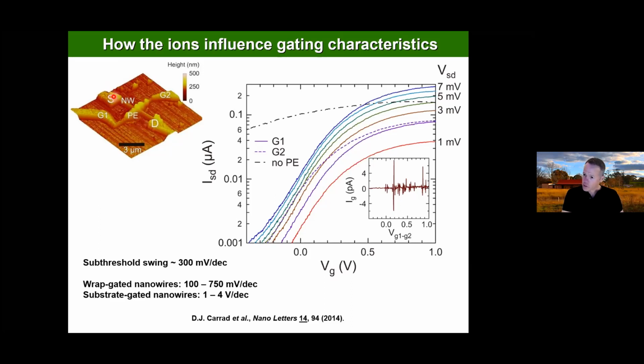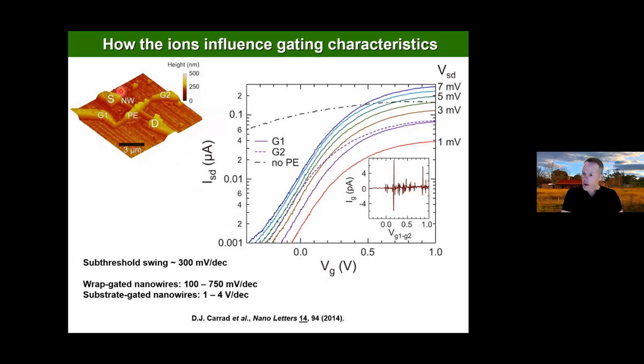And so source contact, which is metal, drain contact, which is metal, semiconductor nanowire running through here. And rather than having one very large blob of polymer electrolyte on this material, we have a strip that's on the order of a few hundred nanometers wide and a few microns long. And in here, we have it connecting 2 electrodes, mostly just so that we can demonstrate that it's not a conductive element in the system.